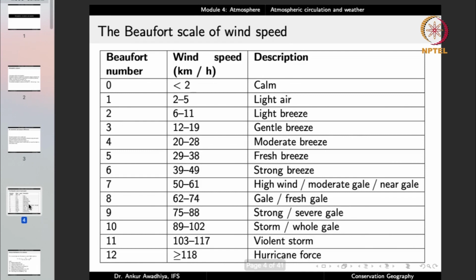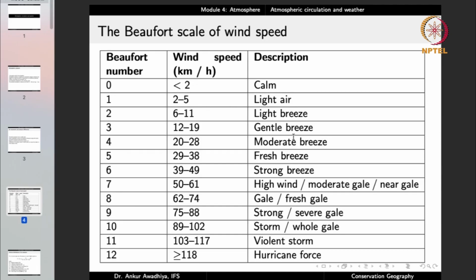Now, we can classify the winds on the basis of their speeds using the Beaufort scale of wind speed. Here we have the Beaufort numbers from 0 to 12, and if the wind speed is less than 2 kilometers an hour, we'll say that it's a calm wind. If it is between 2 to 5 kilometers per hour, it's a light air. 6 to 11 is a light breeze.